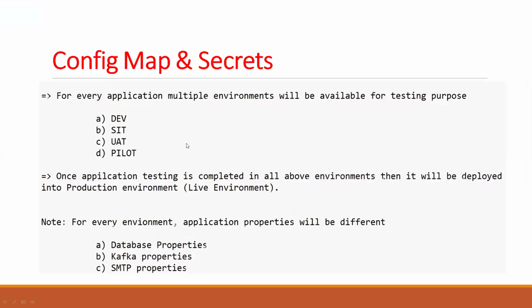For every application, multiple environments will be available for testing purposes: dev environment, SIT, UAT, pilot environment, staging environment, pre-production environment. Once the application testing is completed in all the above environments, then it will be deployed into the production environment. Production environment is nothing but a live environment.